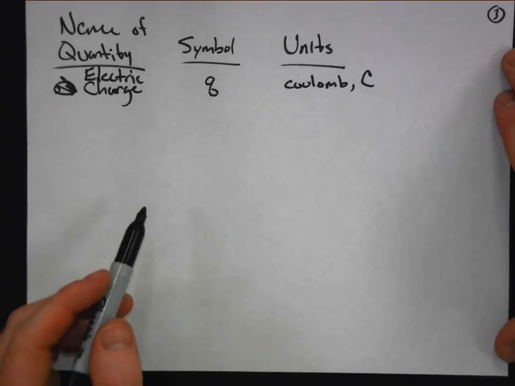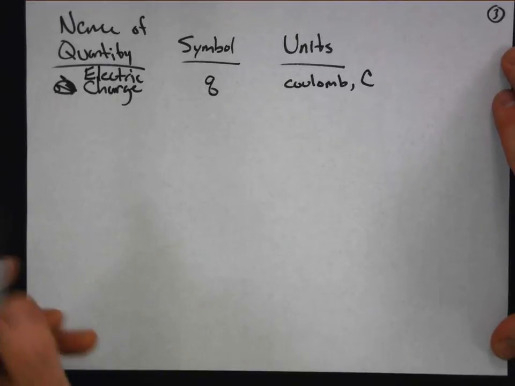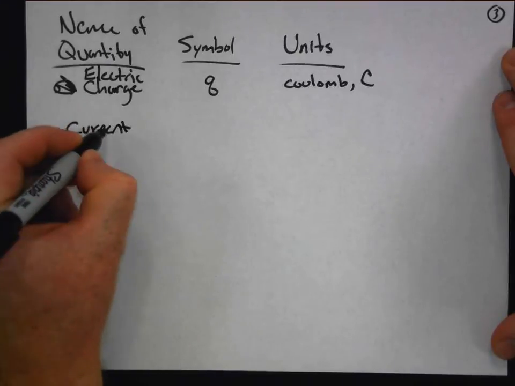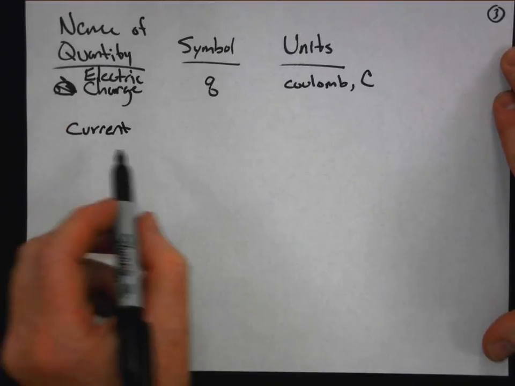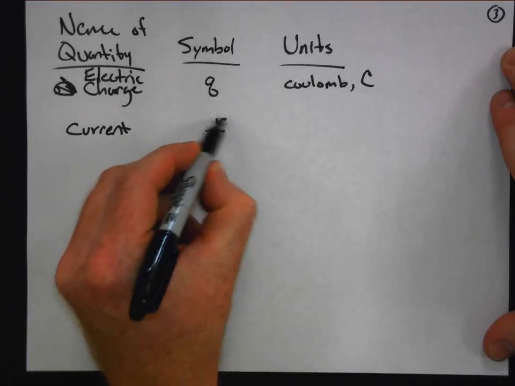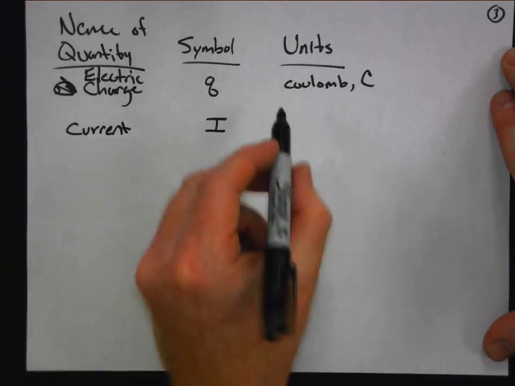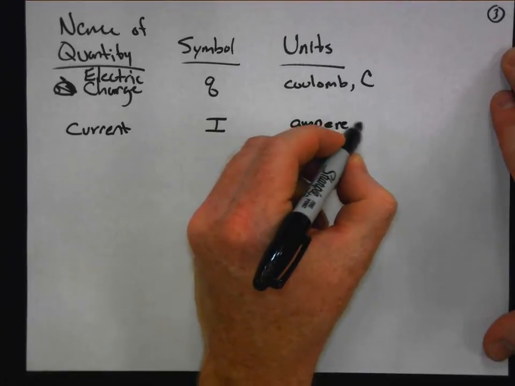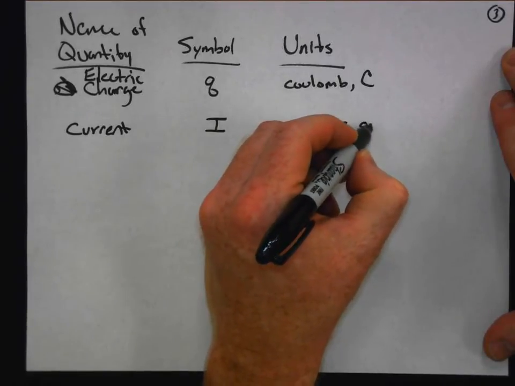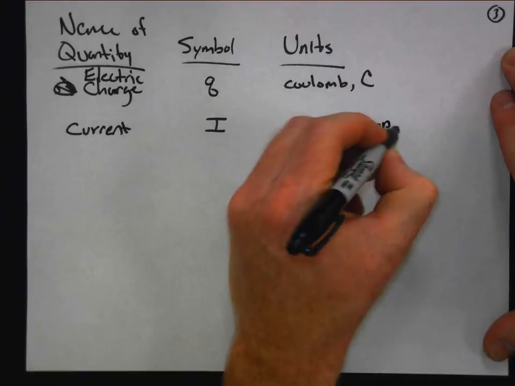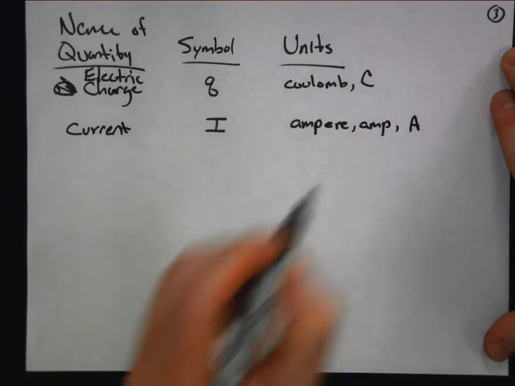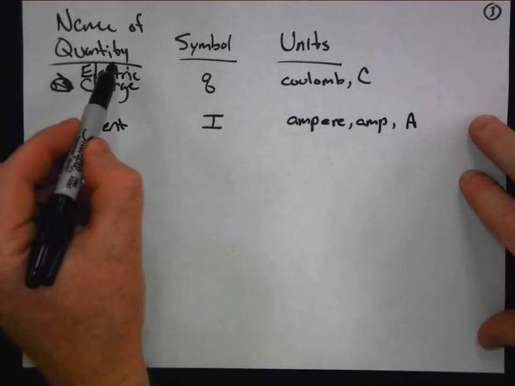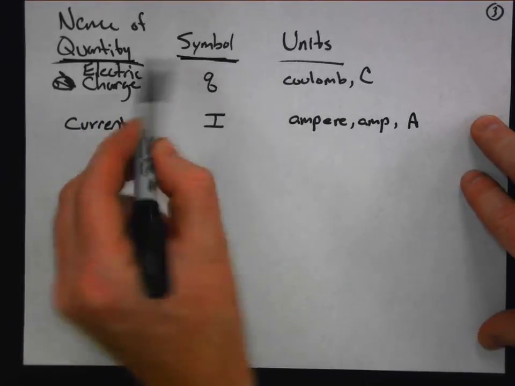We also learned about what? A current. Okay. Electric current. Well, the electric current symbol is a capital I. The units of current are the ampere, sometimes called amp for short, and the abbreviation is the capital A. Well, what kind of new things have we seen just recently?